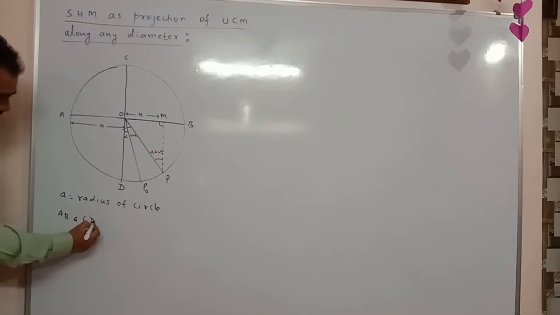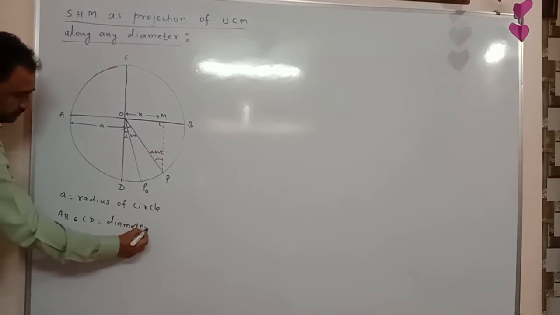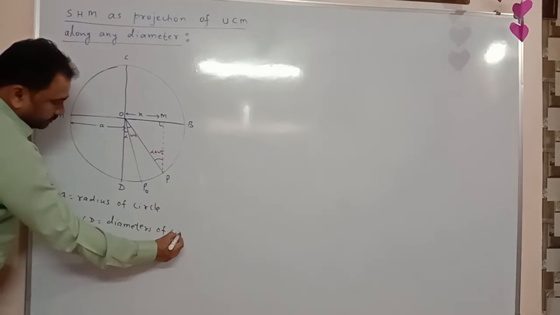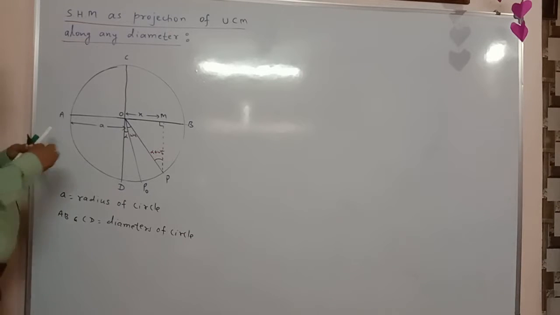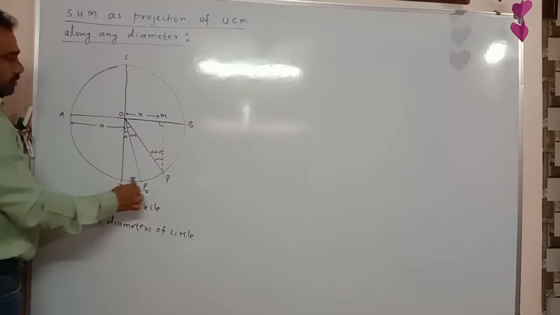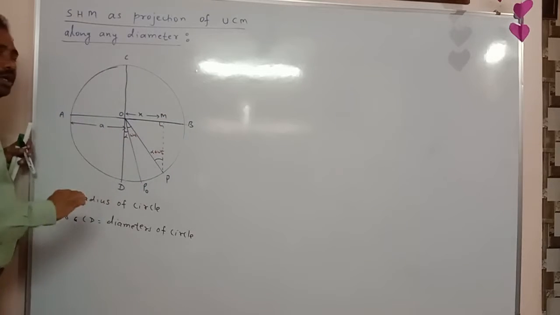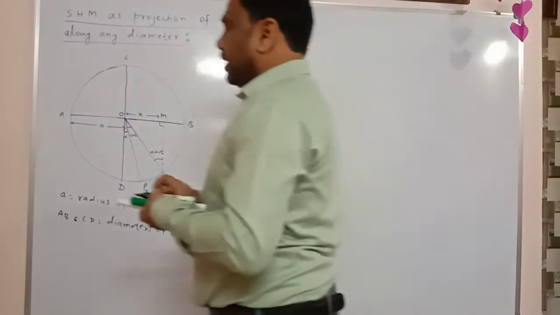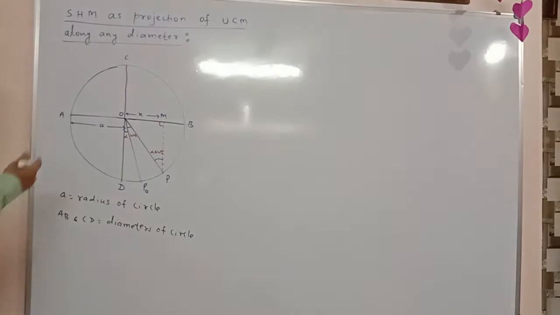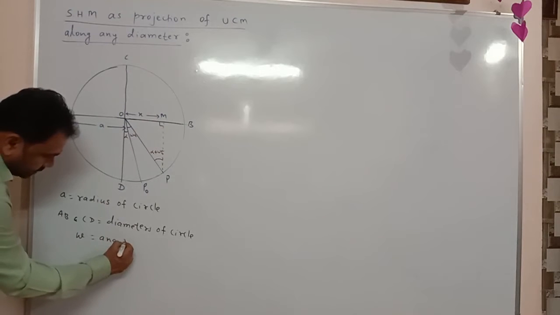AB and CD both are diameters of the circle. Now suppose one particle is here and it is performing uniform circular motion, so its angular velocity is supposed to be omega. So omega is the angular velocity while it is performing UCM along the circumference of the circle.